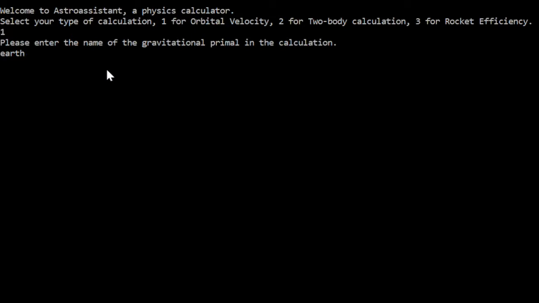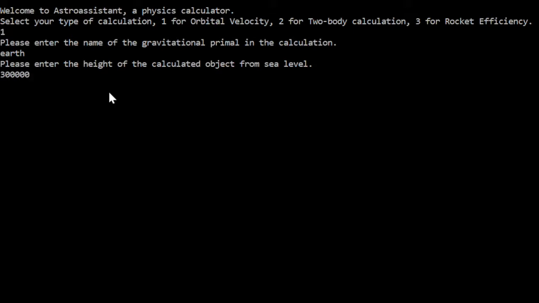It automatically adds the body radius to your height from sea level. So it's pretty convenient. Let's press enter. And please enter the height of the calculated object from sea level. So very convenient.